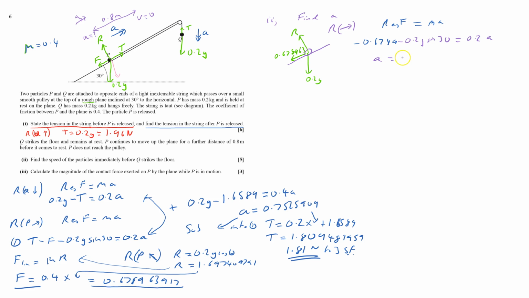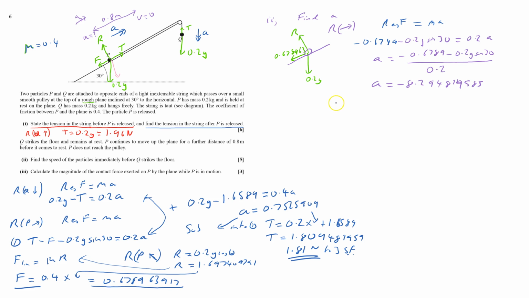So A will equal minus 0.6789, etc., minus 0.2g sine 30, all over 0.2, and therefore A equals minus 8.294819585.